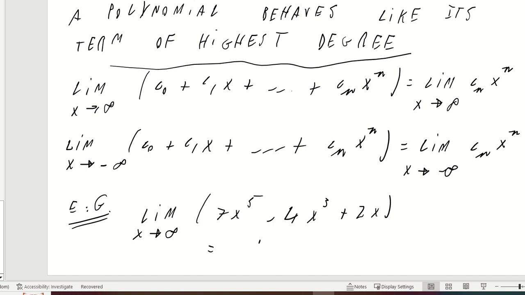That just reduces to the limit as x tends to infinity of the term with the highest power of x, which is just 7x to the 5. We could factor the 7 outside if we wanted, but basically the limit is going to be plus infinity. So it's an easier way of computing limits of polynomials as x is tending to infinity.